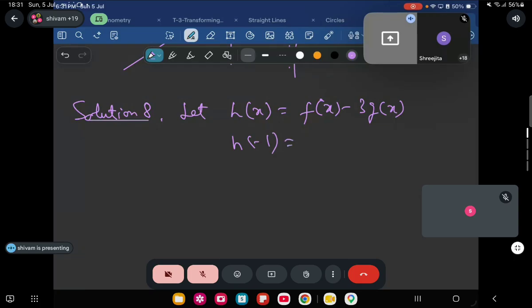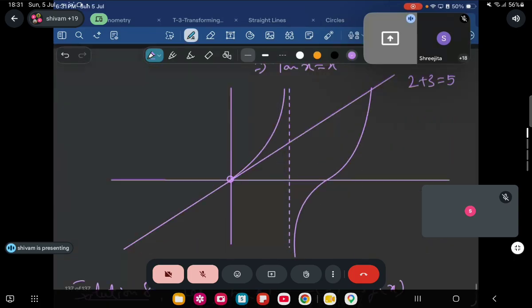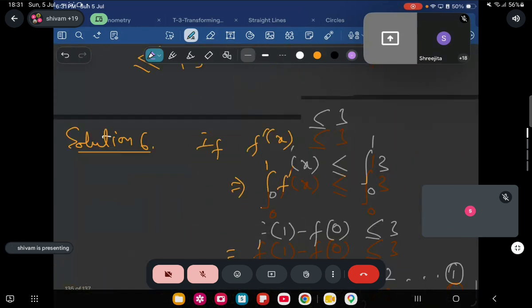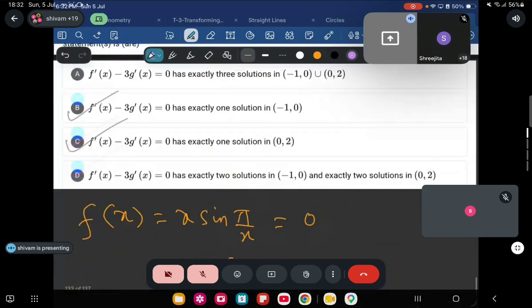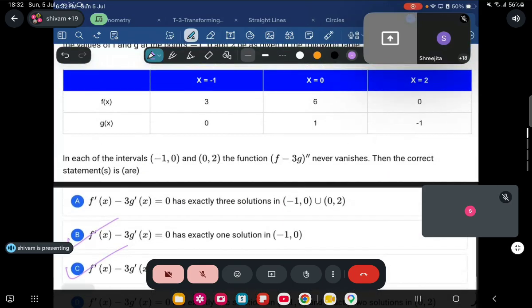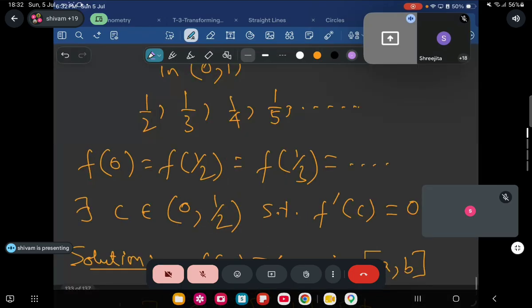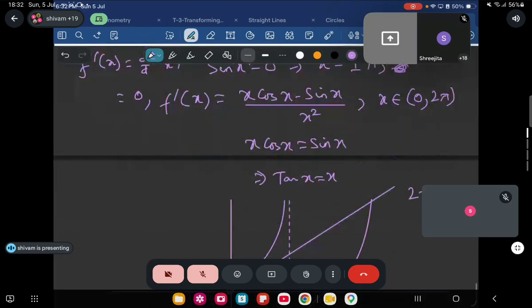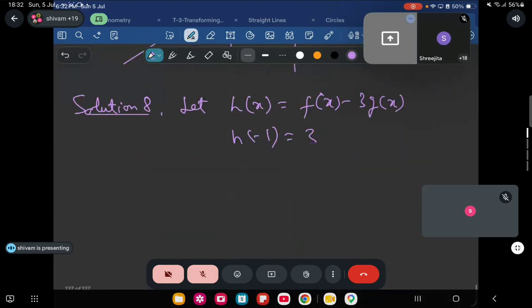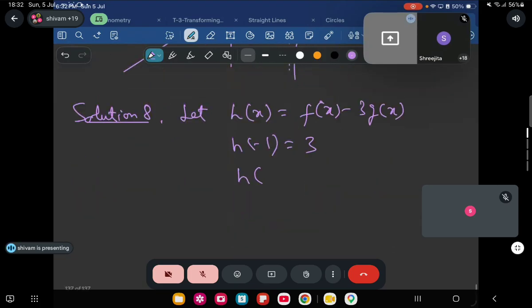What is given? Tell me, what is f of -1 given? F of -1 is 3. G of -1 is 0, right? So this will give us 3 only. H of -1 is 3. And h of 0 is f of 0 minus 3g of 0. F of 0, how much is given?